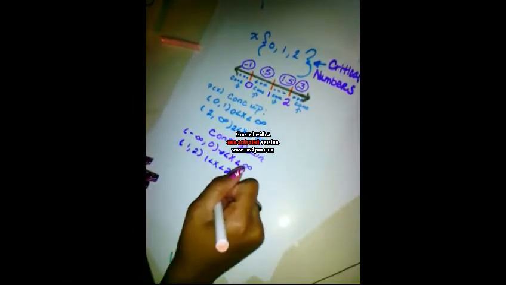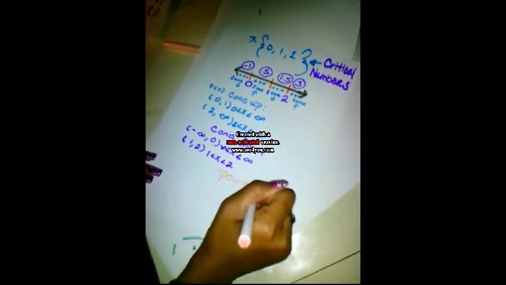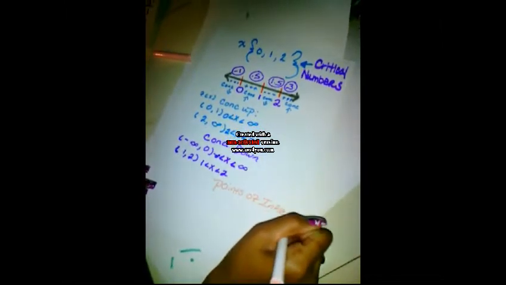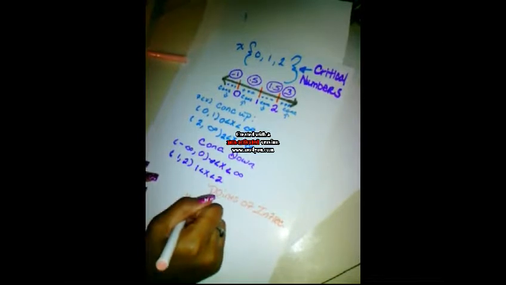And now we do our points of inflection. We have x equals 0 because it went from negative to positive at 0.